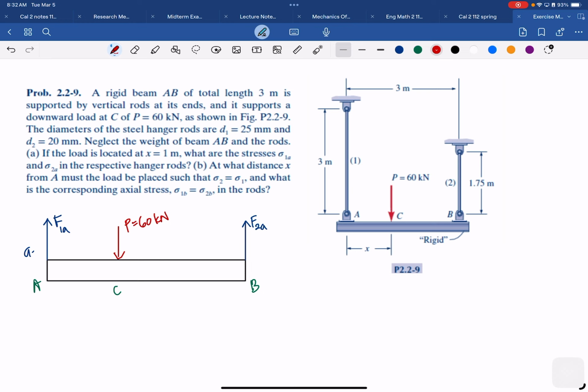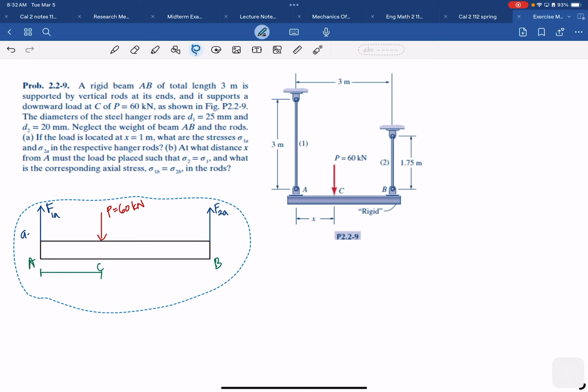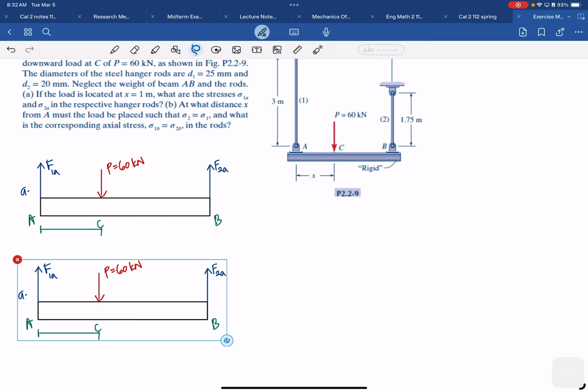For number A, the x is 1 meter. So let me just draw here. Or maybe to get all the definitions, let me just copy this. Let me copy and make it here. And this will be B.